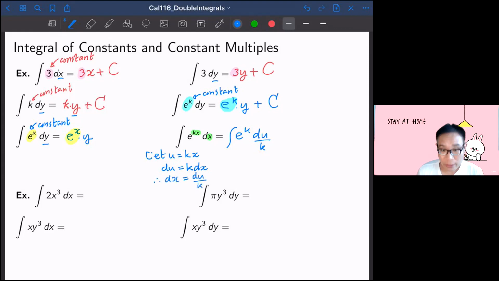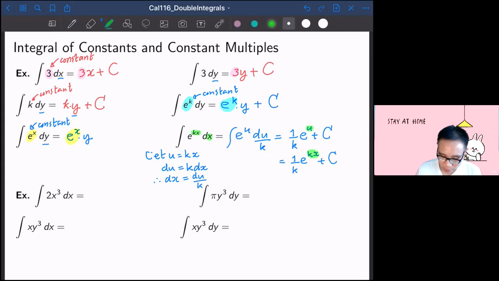And you're going to just have 1 over k integrate e to the u, so it's going to be e to the u plus c. So this guy will be 1 over k e to the kx plus c.